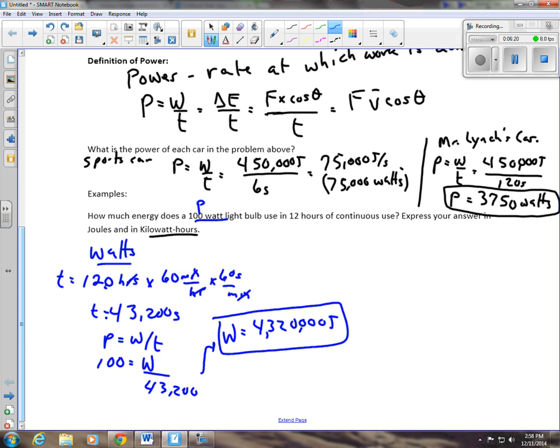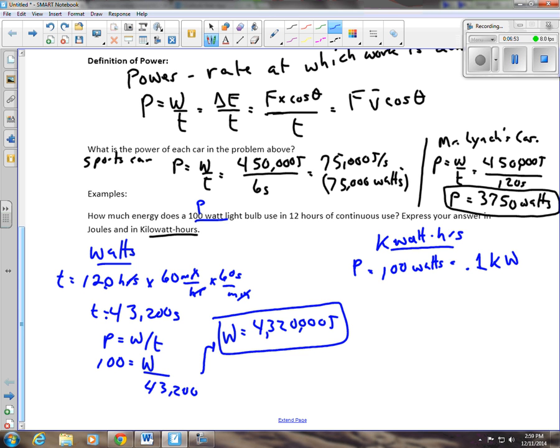Now, if I want to do it in kilowatt hours, it actually is a little bit easier. In this case, I can have my time in hours, but I have to have the power in kilowatts. Remember, changing from grams to kilograms, I have to move 3 places. It's the same thing going from watts to kilowatts. So 100 watts, moving 3 places, is 0.1 kilowatt, and that's my power.